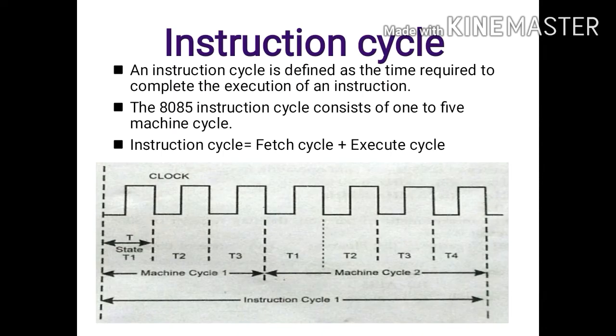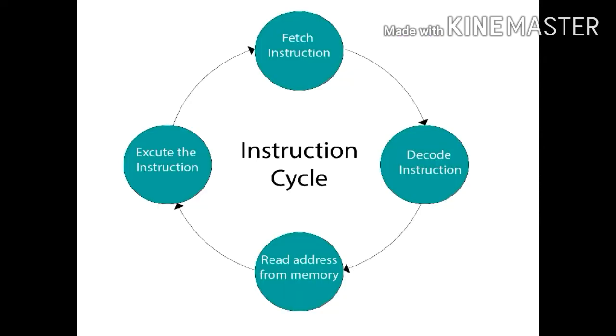The fetch and execute cycles are carried out in synchronization with the clock. The figure shows the instruction cycle consists of fetching the instruction, decoding the instruction, reading the address from memory, and the last phase, executing the instruction.